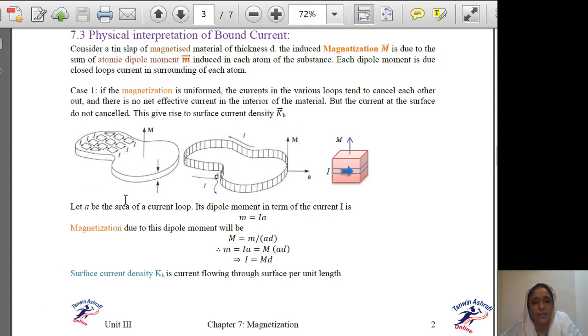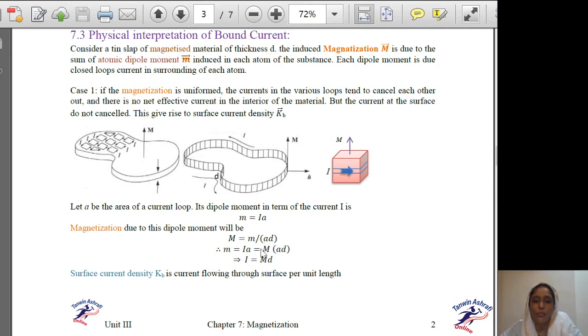Let A be the area of the current loop, and its dipole moment in terms of the current I is small m equal to I times A. Magnetization due to this dipole moment will be M equal to small m divided by the area A times the thickness t.